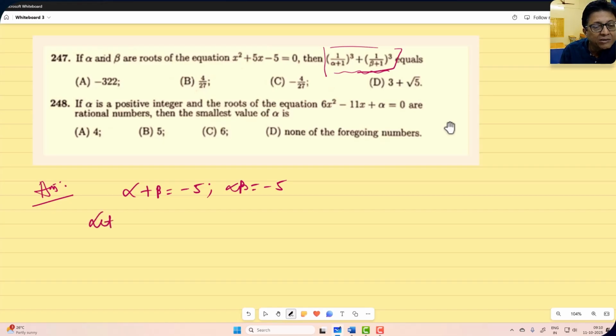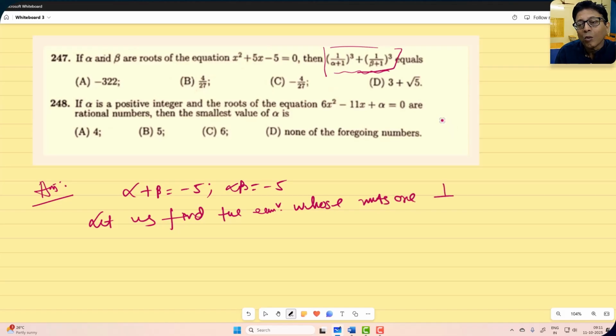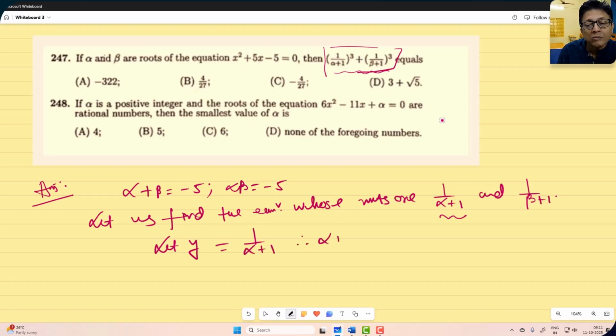Let us find the equation whose roots are 1 by (alpha plus 1) and 1 by (beta plus 1). We take one of them as y. The way we did the previous one, 1 by (alpha plus 1). So alpha plus 1 is 1 by y.